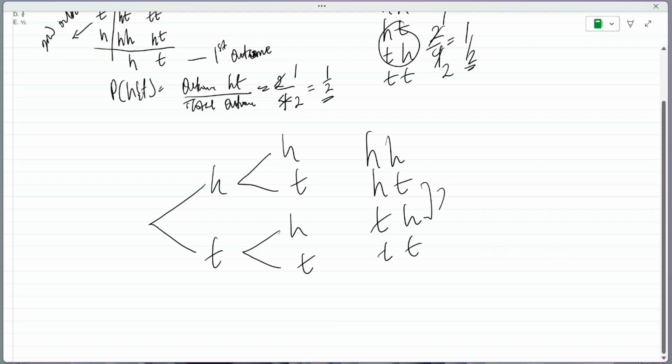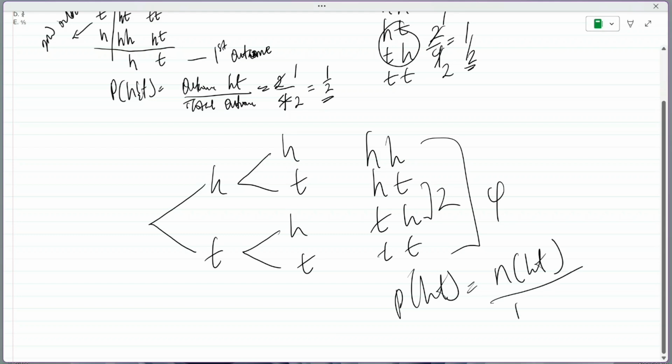There are two of them and the total outcome is 4. That's head head 1, head tail 2, tail head 3 and tail tail 4. So we have 4, and the probability of getting a head and a tail equals number of head and tail over total outcome, which is 2 over 4. To the lowest term, 2 into 2, 1; 2 into 4, 2, still half.